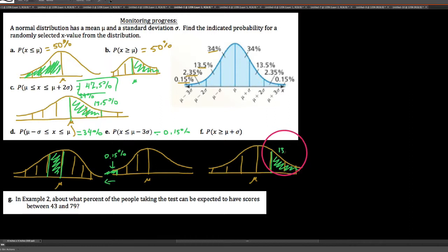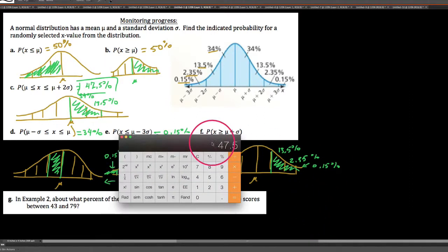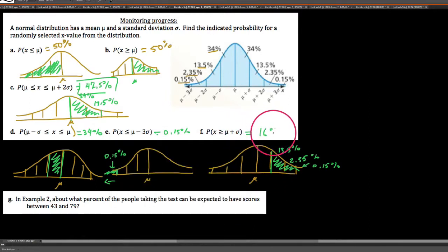Using our empirical rule, this subsection's area is 13.5%, here is 2.35%, and this last subsection is 0.15%. Summing these together, 13.5 plus 2.35 plus 0.15 gives us 16% of the area.